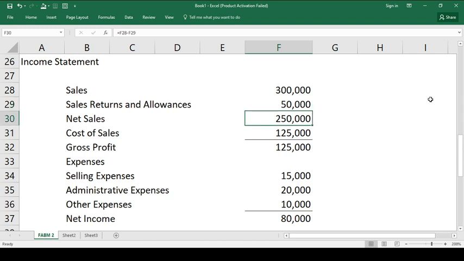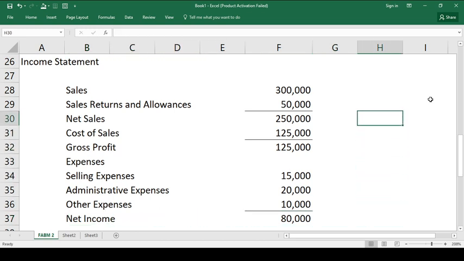So that's why we have net sales of 250,000. The cost of sales is 125,000. The gross profit is 125,000, and then we have expenses: selling expenses, administrative expenses, and other expenses amounting to 15,000, 20,000, and 10,000 respectively. And then the net income happened to be 80,000 pesos.